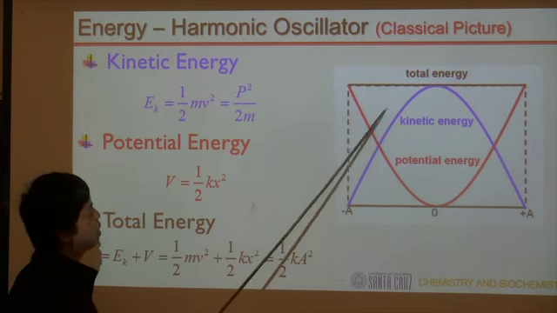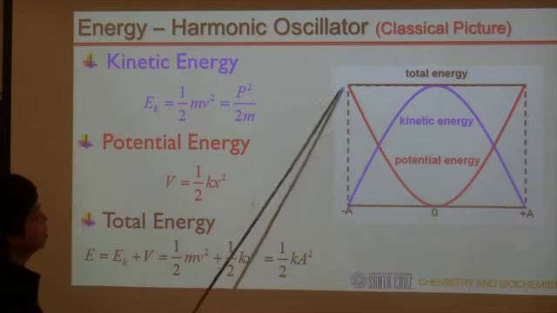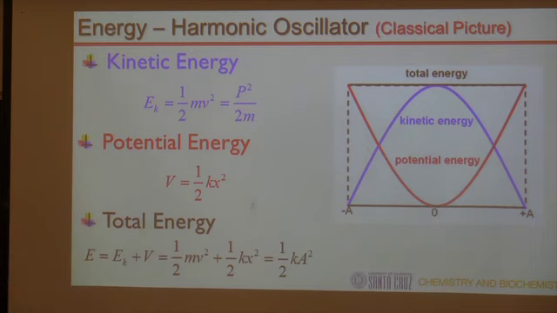But if we add the two together, the energy is always a flat line, which means the energy is conserved. For the harmonic oscillator, energy is conserved. So we call this a conservative system. It's just a recall from your physics. That's what I believe you learned before, and this is the classical picture.